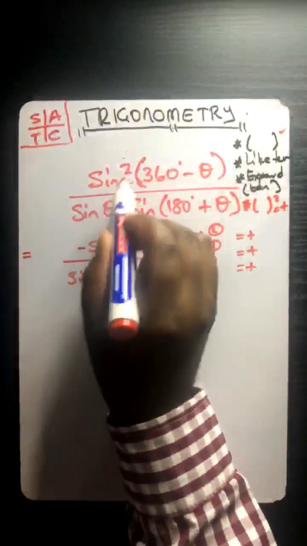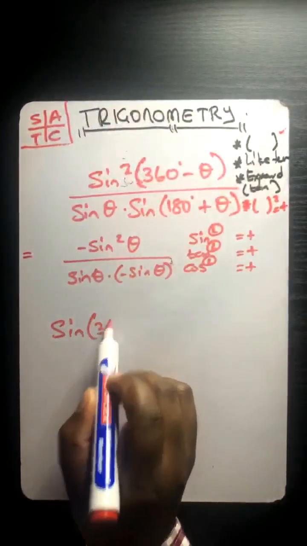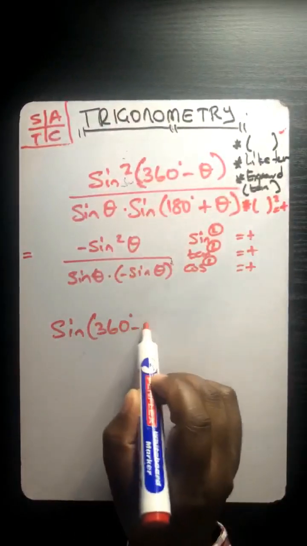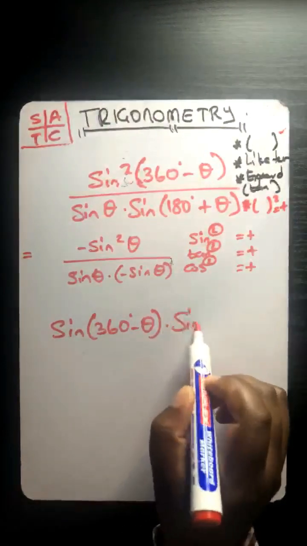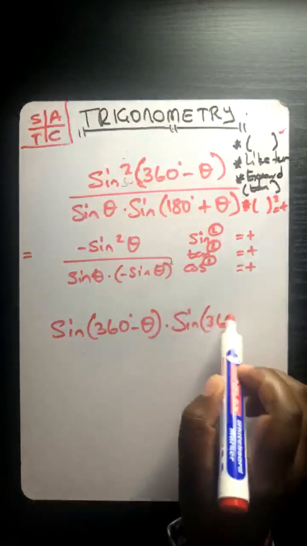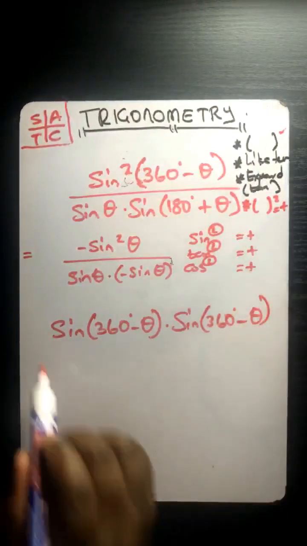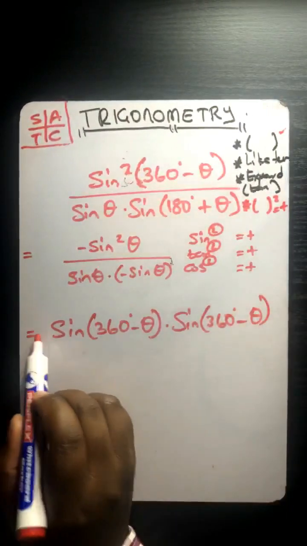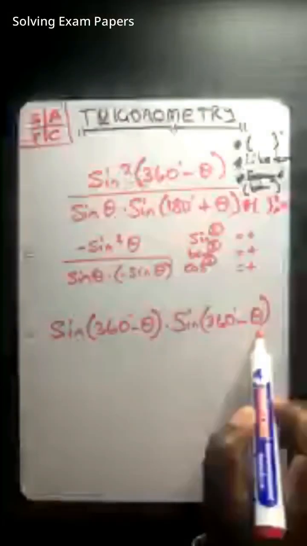You see sine squared, this thing is the same as sine of 360 degrees minus that times sine of 360 degrees minus that. I'm not sure if you agree with me on this one, to say this thing is the same as that. Do you agree with me on that one?